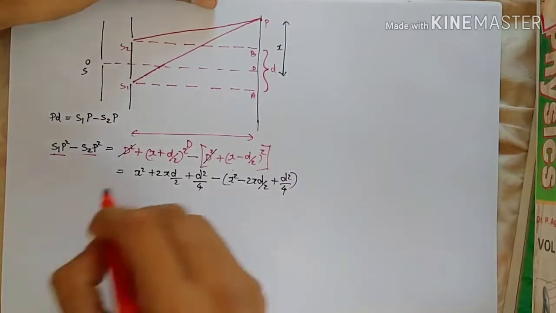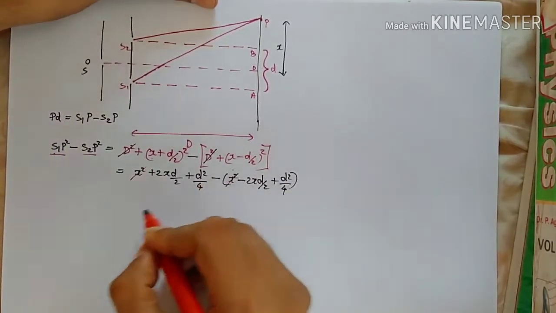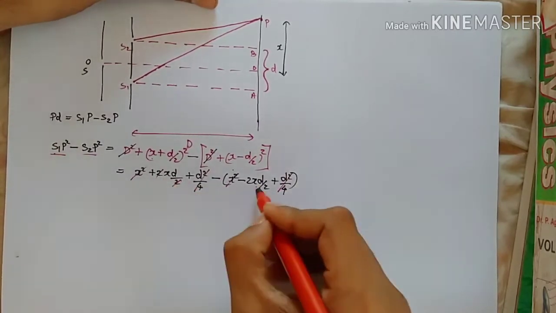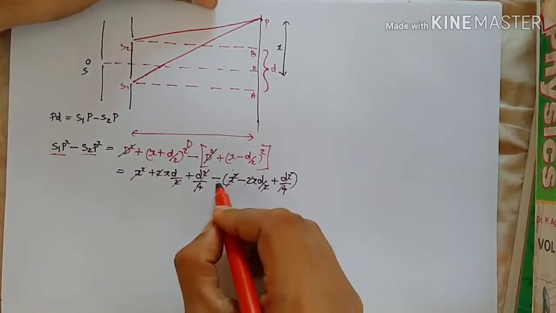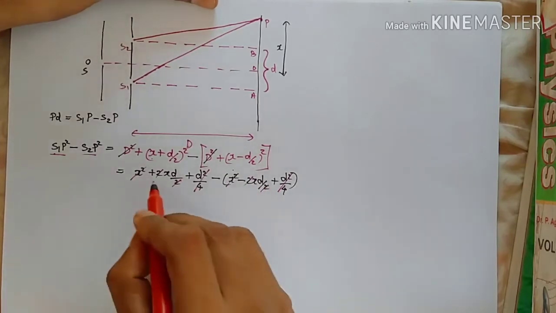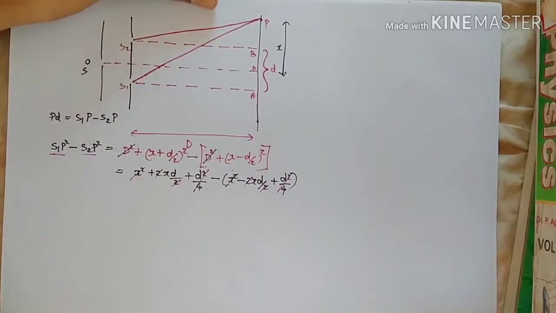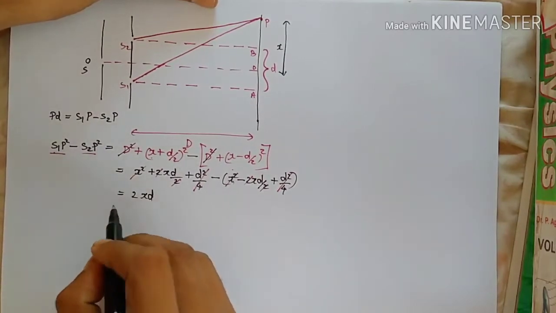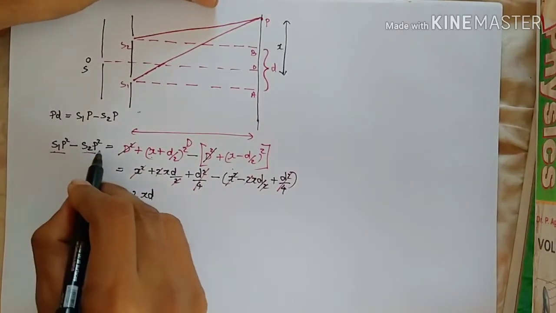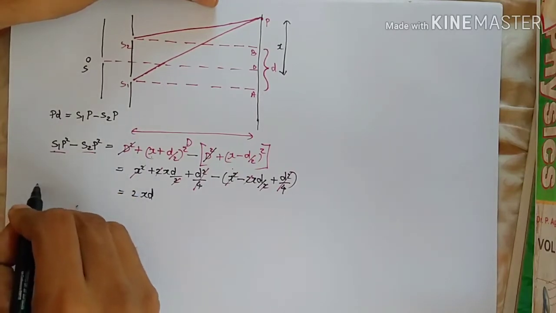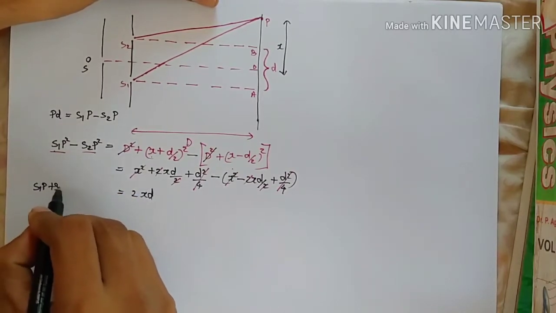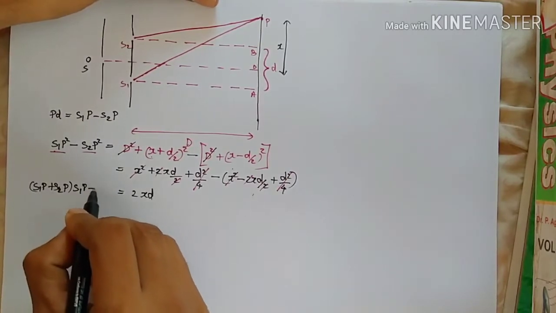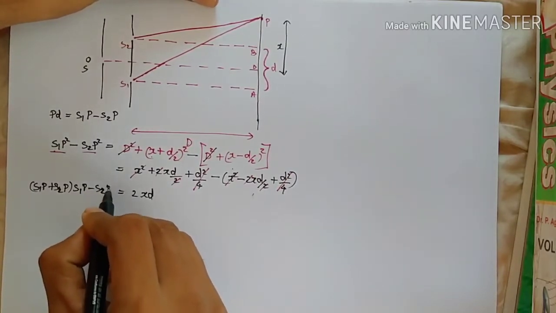And we could clearly see, we could cancel out this x square, this d square by 4, and this 2 and 2 will go, minus of minus xd plus xd plus xd, that is equal to 2xd. What is S1P square minus S2P square? Can I write it as (S1P plus S2P) into (S1P minus S2P)?